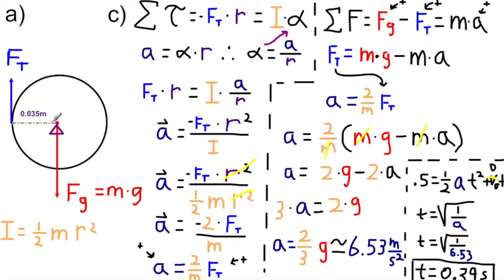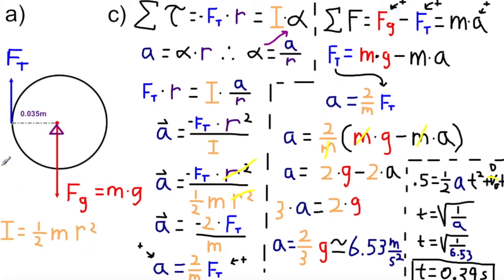And I think that's a little strange because you could look at it and be like, well, that would mean that this force of gravity is at a bigger radius and this force of tension is at a bigger radius. So that would provide more torque. Well, that's true, but it would also have a higher moment of inertia.